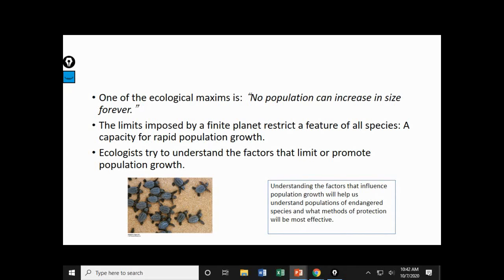But realistically, as you find if you look at a life table, the most important stage of a turtle's life, went like all Yoda on you guys there for a second, is actually their adult phase, because that's the phase in which they will actually breed and be able to make baby sea turtles.